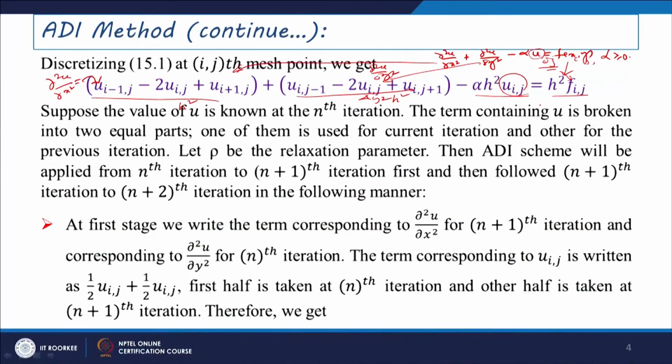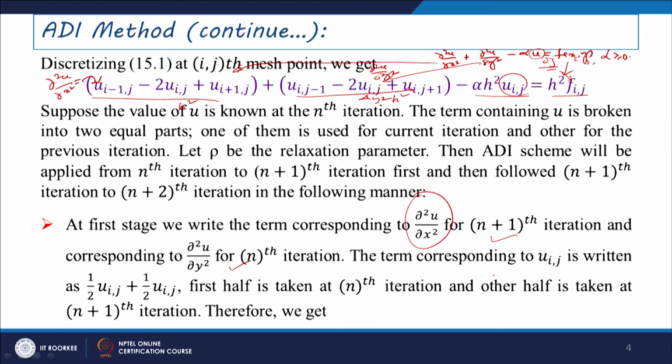Suppose rho is the relaxation parameter. Then the ADI scheme will be applied from the nth iteration to the n plus 1th iteration first, followed by the n plus 1th to the n plus 2th iteration, in the following manner. At the first stage we write the term corresponding to del square u by del x square, since this is movement in the x direction, for the n plus 1th iteration, and the term corresponding to del square u by del y square for the nth iteration.